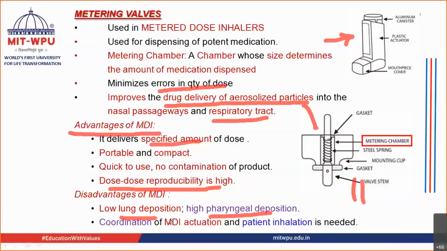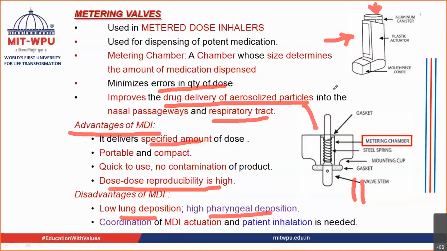And when you are using this metering wall, there should be a proper coordination between the actuation, that is when you press this, pressing is nothing but actuation, it is pressed by the patient. So pressing of this canister, or you can say actuation of the meter dose inhaler, and the patient inhaling the substances should be properly coordinated.